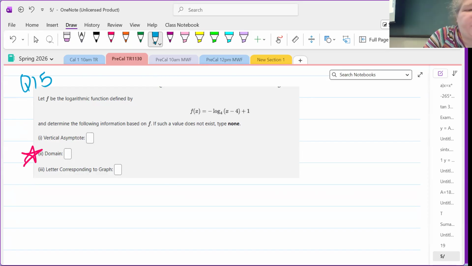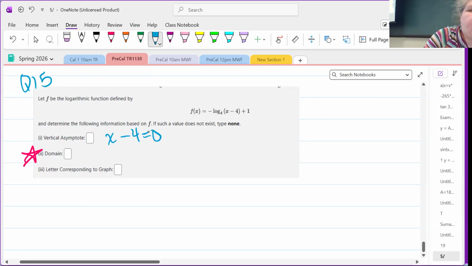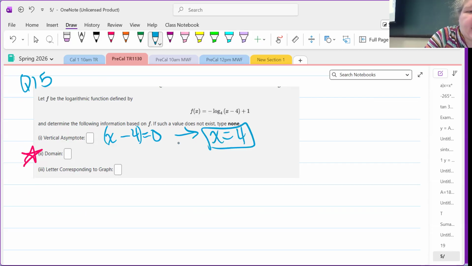So when we're looking for the domain, very often we start with the vertical asymptote. So the vertical asymptote is the number that makes the inside of the logarithm 0. So I set x minus 4 equal to 0, which gives me x equals 4. That is the vertical asymptote.